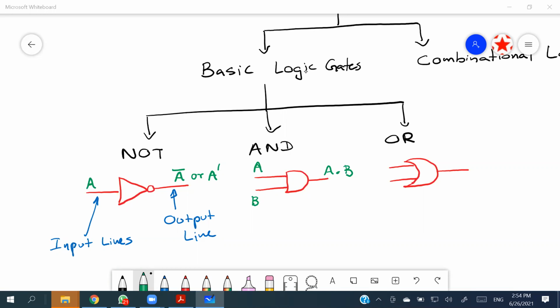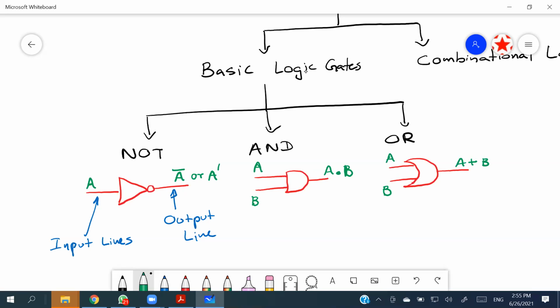And when it comes to OR, we say this is doing Boolean addition. So once A and B are given, this gives you A plus B. So now you can see some familiar operators over here.